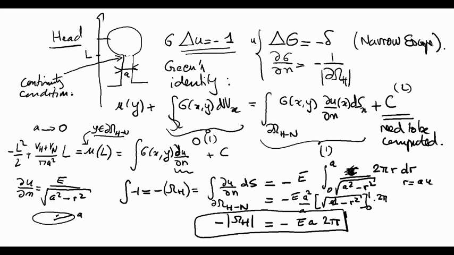Let's calculate this term here. So I will rewrite it. We need to calculate the integral of the Green's function J of x, y times du dn ds over the intersection between the head and the neck.